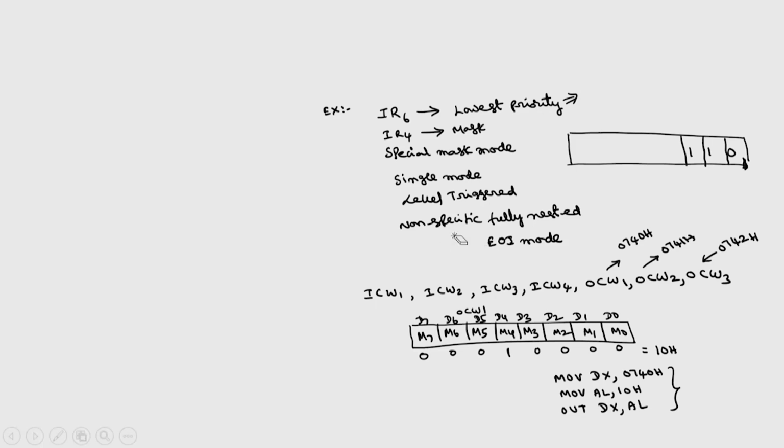So the remaining 3 bits will be 0, and this is 1, 1, 0, and this is 1. So what will be the control word? This is E6.